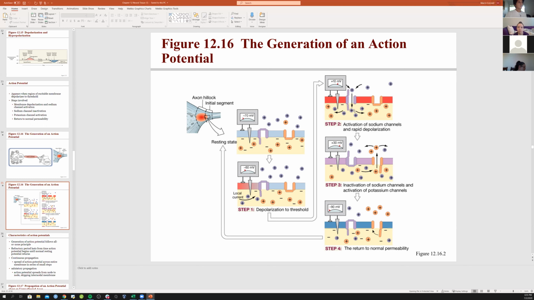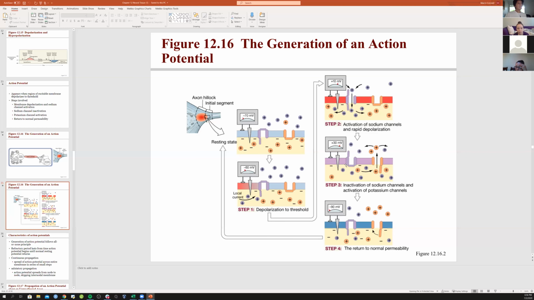Sodium goes in. All of this positive goes into the cell. All of that sodium goes into the cell. Eventually the cell becomes really positive. It reaches positive 30. The sodium channels close at about positive 30.